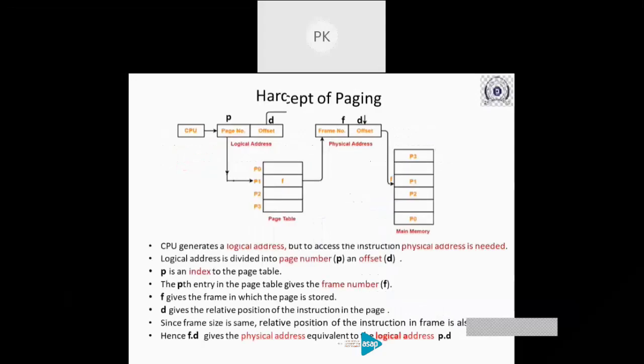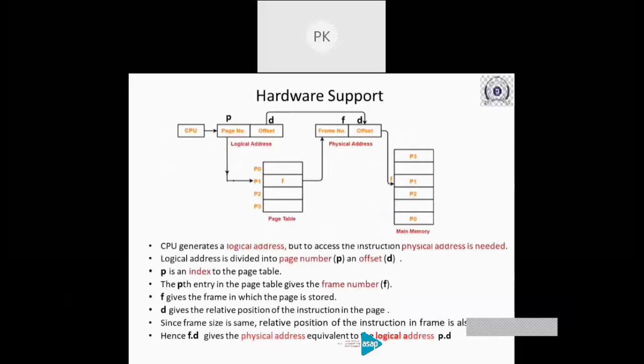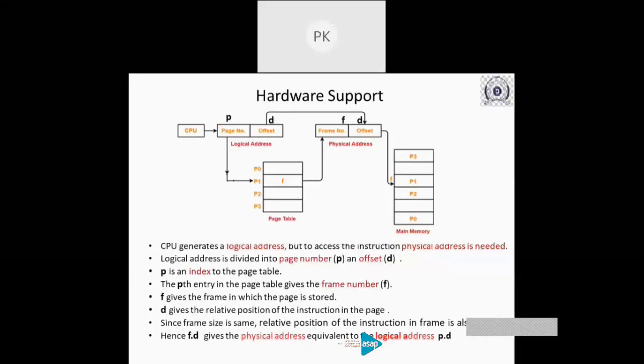And let us see what the hardware support is, or how this address translation is done. When the CPU wants to access an instruction or data, it will generate the logical address. But the instruction or data is stored in memory. So to access that instruction, a physical address should be obtained.